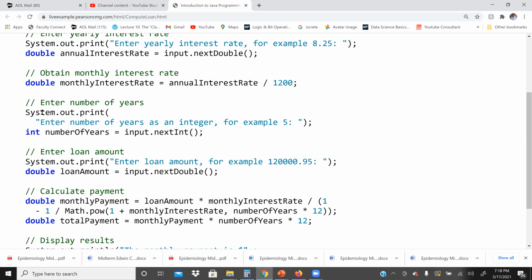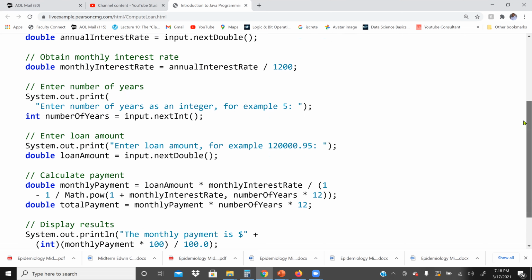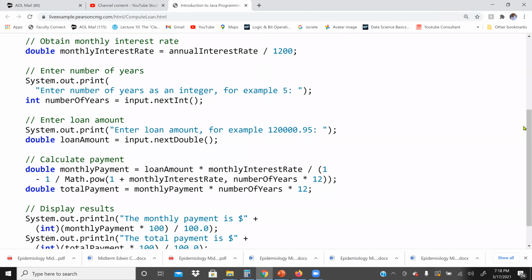Now we are going to ask the user to enter the number of years that it will take to pay the loan. So here we say enter the number of years as an integer, for example, 5. We declare that variable as int numberOfYears. We use the input object. The input object can take a double, a character, any data type.